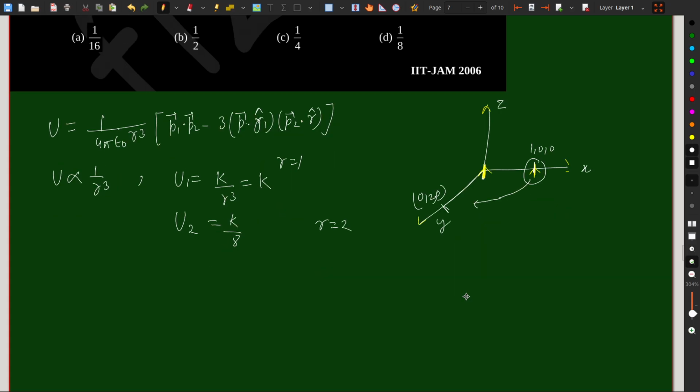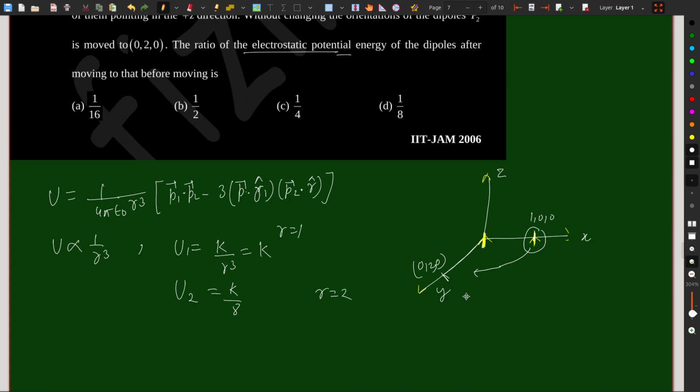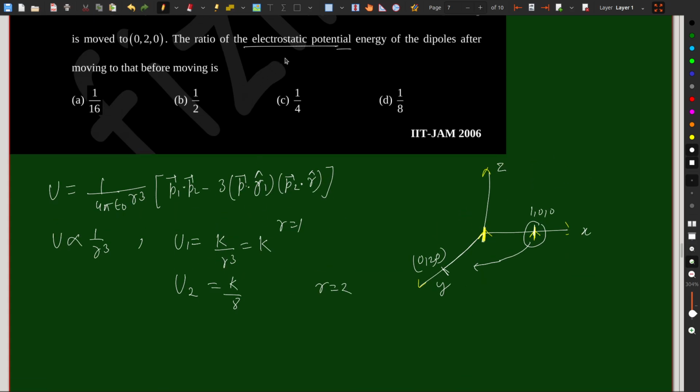And what is asked? The ratio is asked: the ratio of electrostatic potential energy of the dipoles after moving and before.